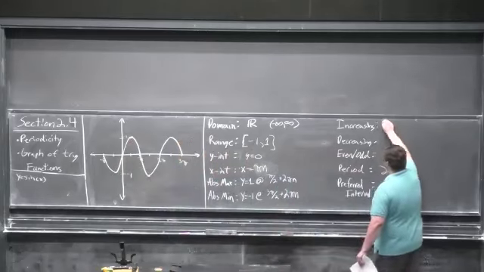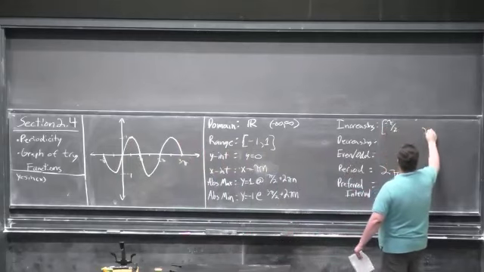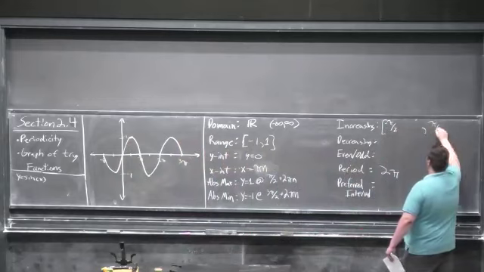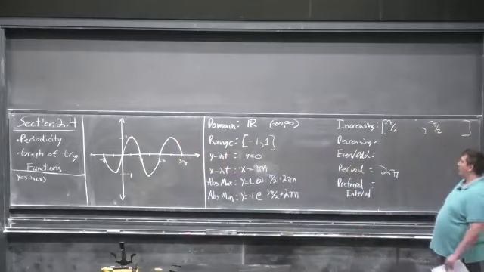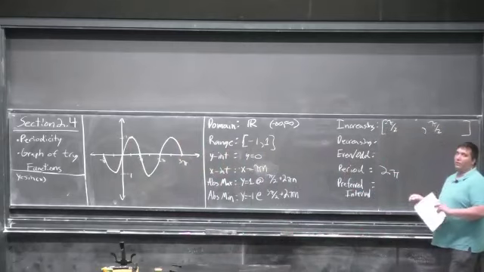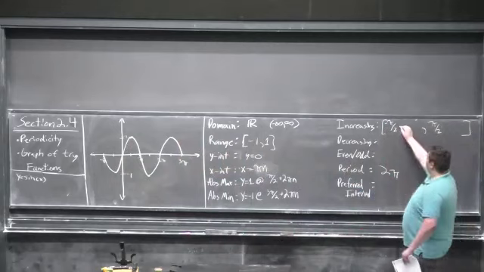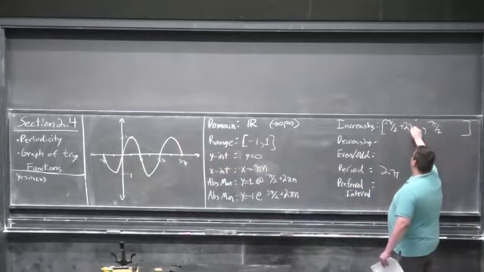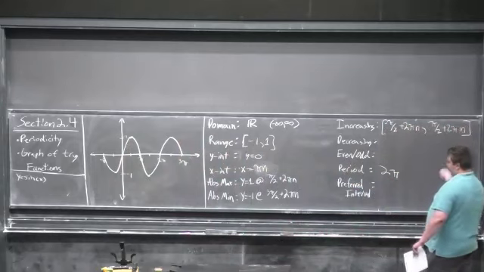So I'm going to write this as negative pi over 2 to pi over 2. And that is certainly one interval, but I want all my intervals. We have a period of 2 pi, so I'm going to add 2 pi n to each end.